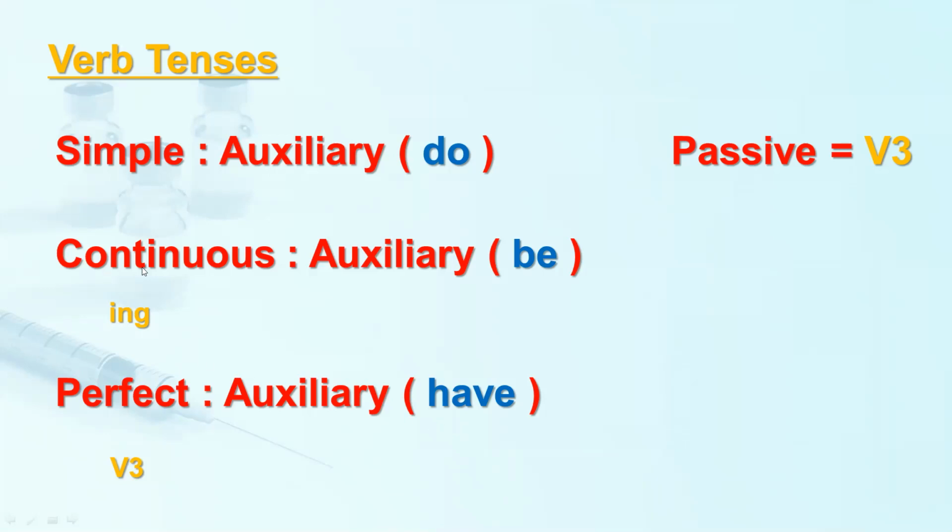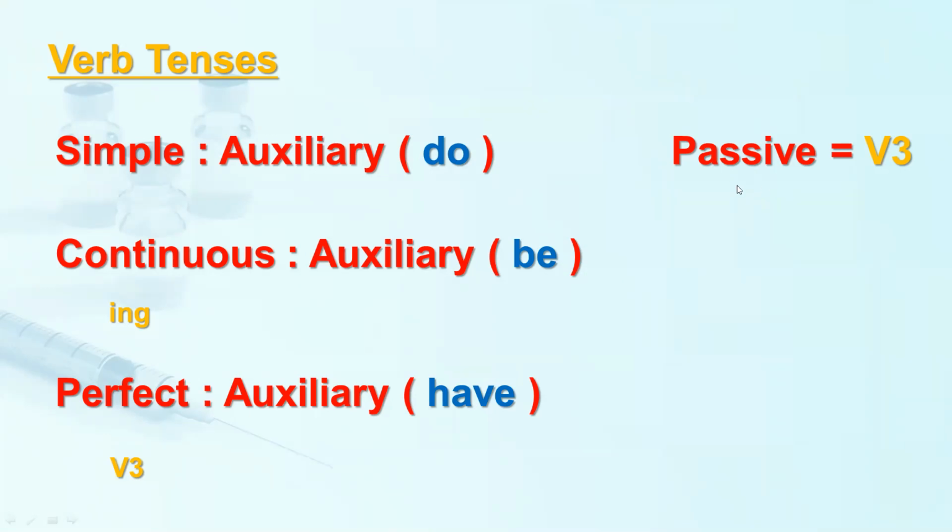And of course, because continuous, remember this ing, and perfect always comes with V3, the past participle form of the verb. And for passive form, again, V3. So in English, the V3 is linked to the perfect tenses and passive forms.